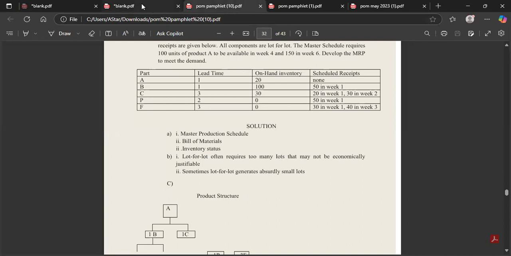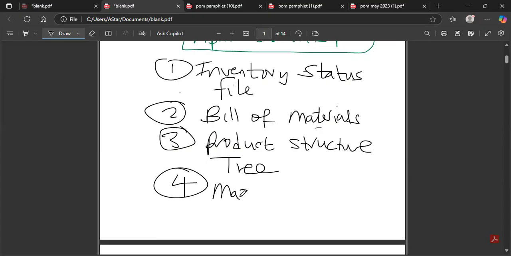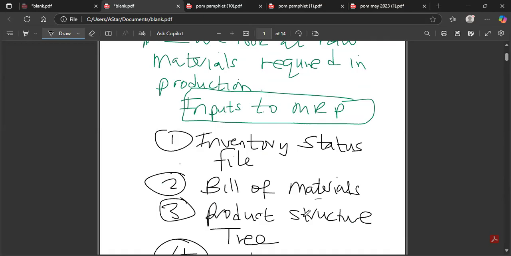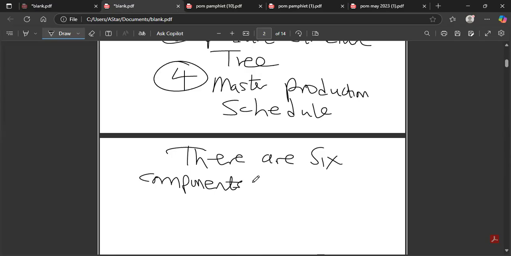Or you can even put the other one, which is the master production schedule. Okay, so now there are 6 components involved in MRP.